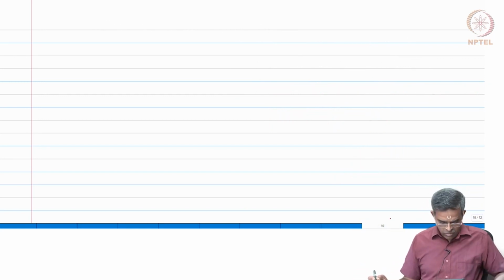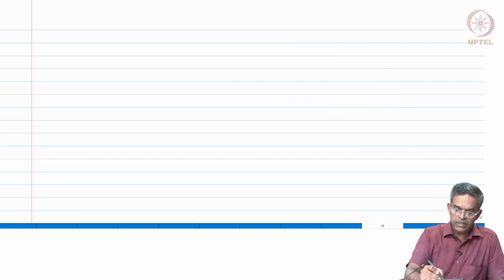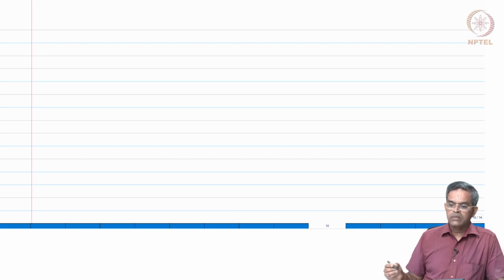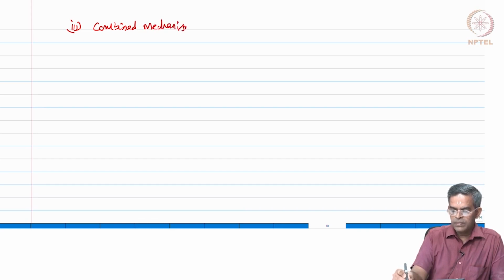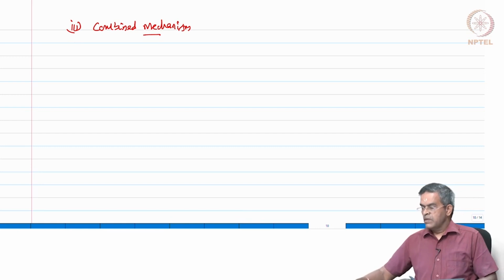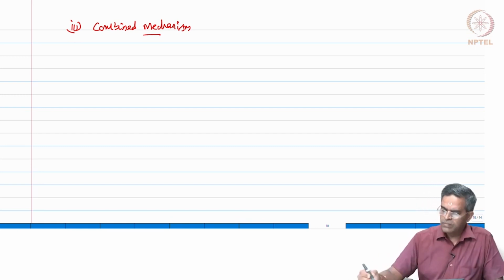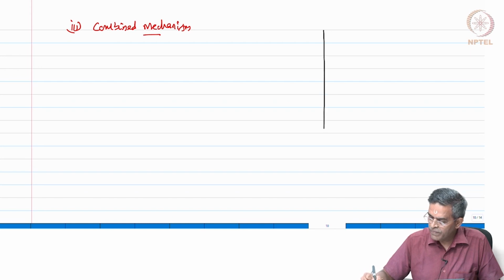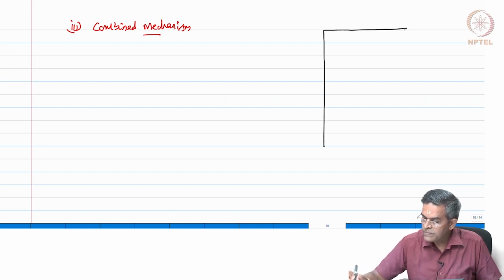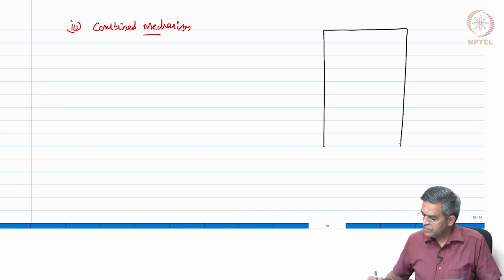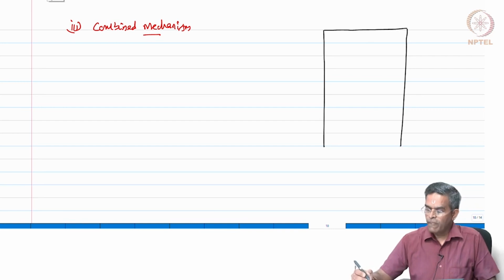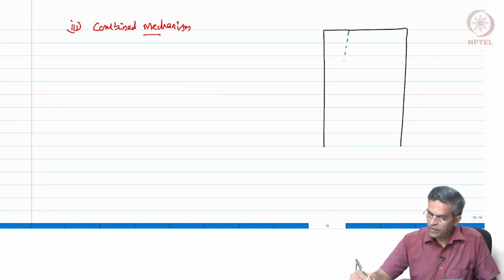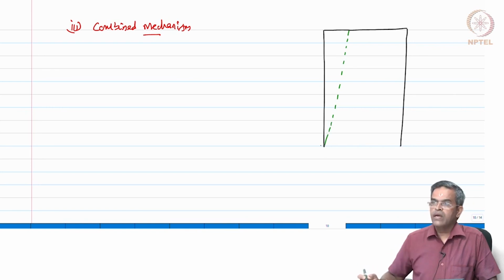Okay. Let us do one more attempt, one more iteration to find out using a combined mechanism. Let us draw the frame and let us draw the combined mechanism including the sway and the beam.